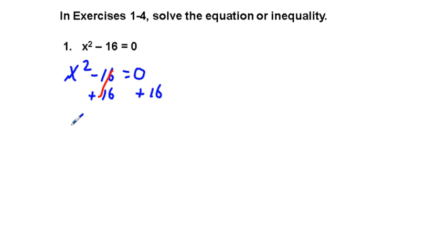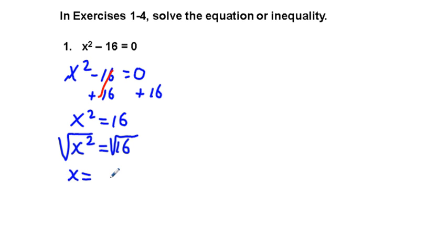And we have left x squared is equal to 16. So rewriting x squared equals 16, how do we isolate this x? Well, we're going to take the square root of both sides of this equation. And we take the square root of x squared, we get x, and the square root of 16 is 4.